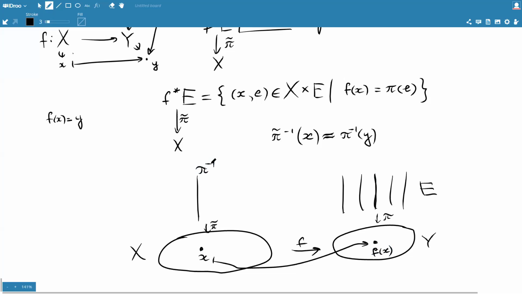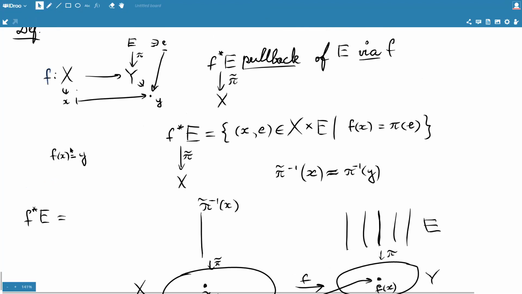As it follows immediately from this definition, for this reason this bundle is called the pullback of the original bundle E. By the way, as a manifold, or as a set, the pullback is nothing but X times E over Y. This is the fiber product.